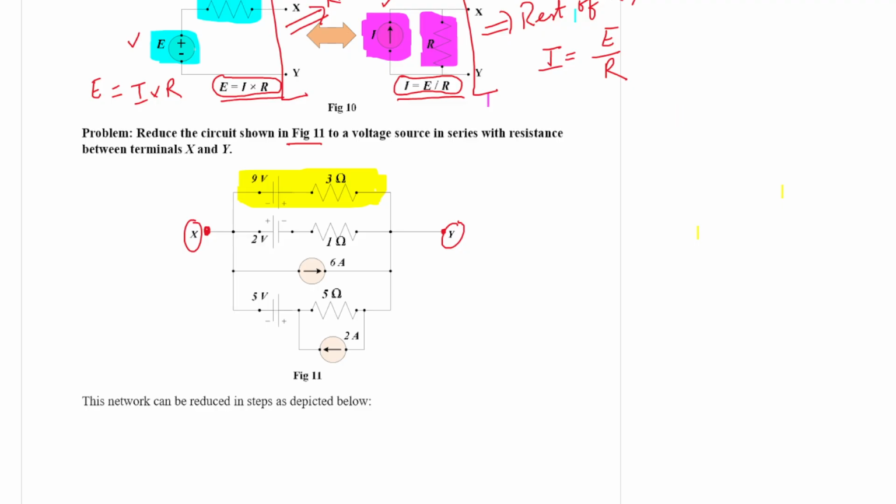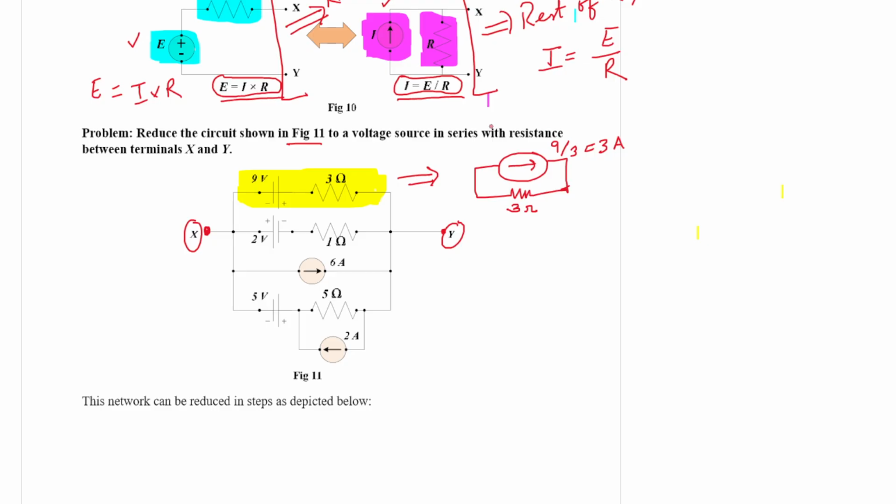So this can be converted into a current source, with the same resistance 3 ohm. Now this current source value will be 9 by 3. 9 volt by 3 ohm, that will be equal to 3 ampere.